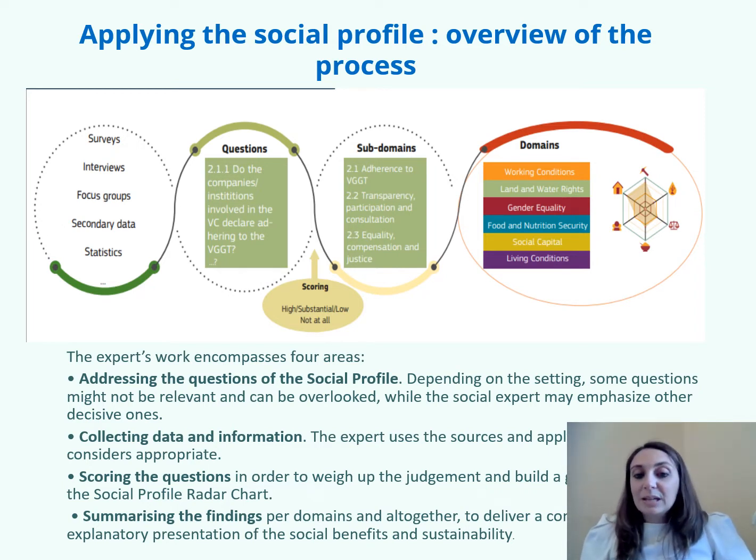The third step is then to provide a score to the questions, as we said, maybe not all the questions, and this will help you to build the picture of the social profile, so the social profile radar chart. The last and most important step is then to make the analysis, so summarizing the findings per domain and all together, and to deliver a comprehensive and explanatory presentation of the social benefits and sustainability.